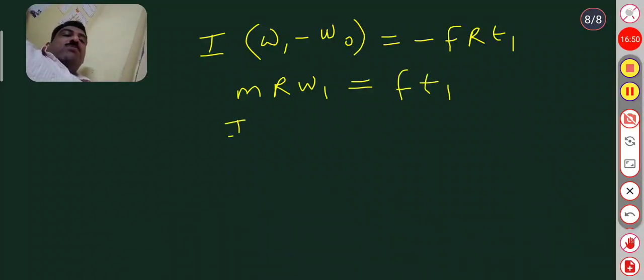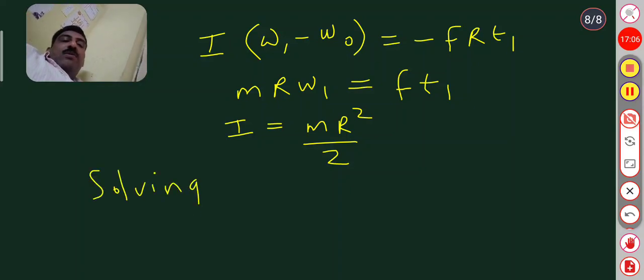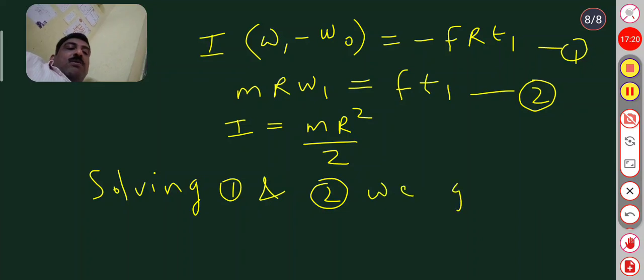And you know I, the moment of inertia, is equal to mr square divided by 2. So if you substitute that value here and solve these two equations, equation 1 and equation 2, we get omega 1 is equal to omega 0 divided by 3.